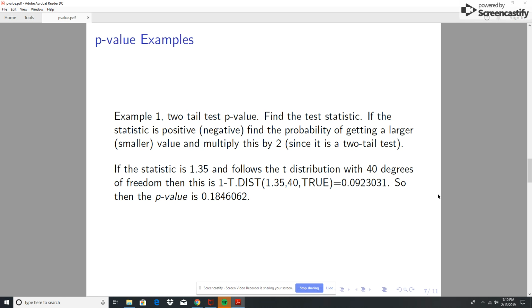So then we take that 0.0923, multiply it by 2, and we get a p-value of 0.1846. So that would be an example where if you have a two-tailed test, find the test statistic, find the area either to the right if it's positive or to the left if it's negative, and then double that.